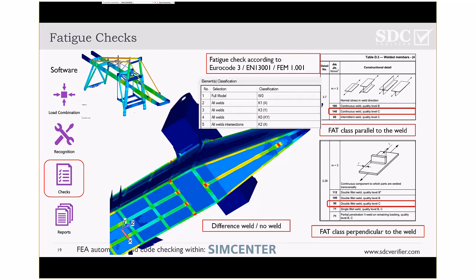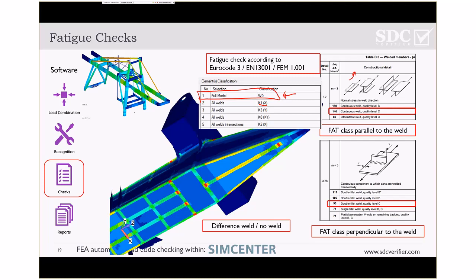So the first thing you do is, for the full model we say no welds. In the table we use the classification according to lifting rules to show you that different methods of classification are possible. Then you can override for all welds in the weld direction, so that is the stress in that direction.